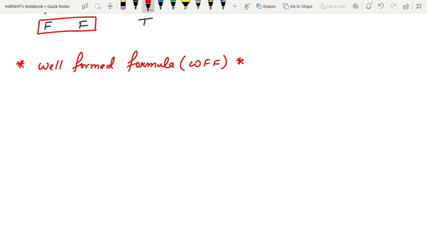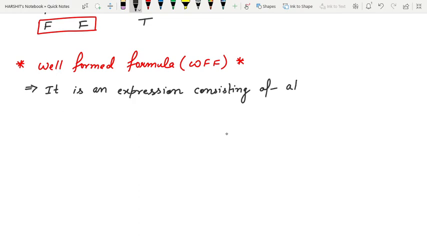It is an expression consisting of atoms, or you can say symbols, parentheses, and logical connectives. So this is the definition of well-formed formula.